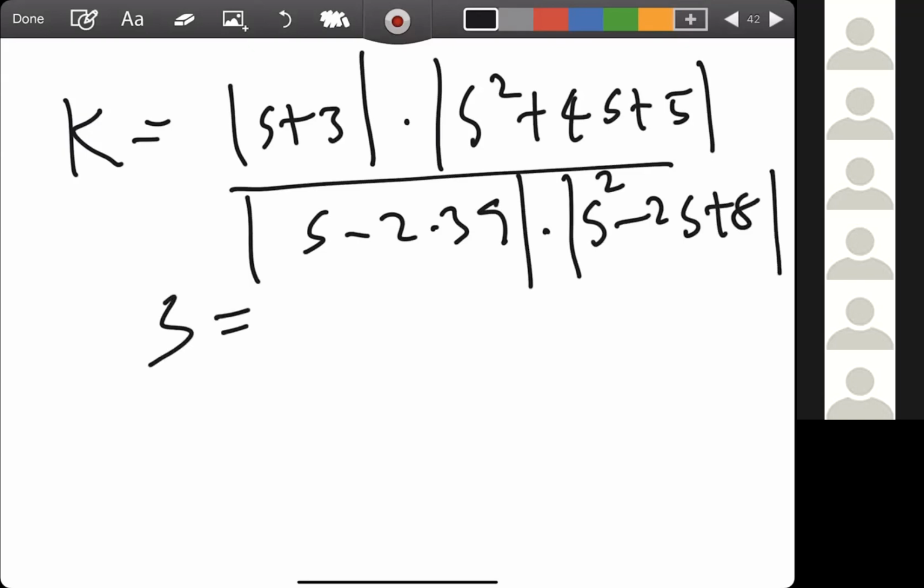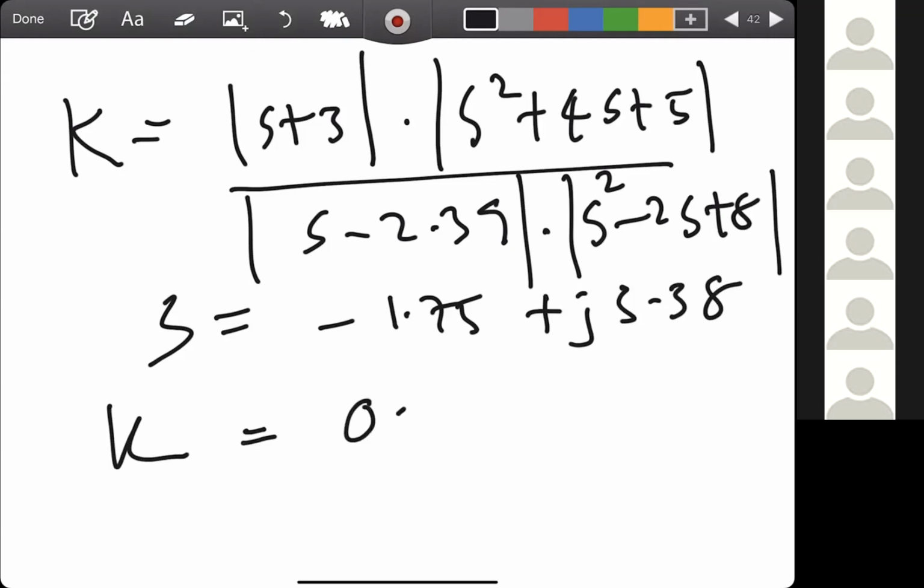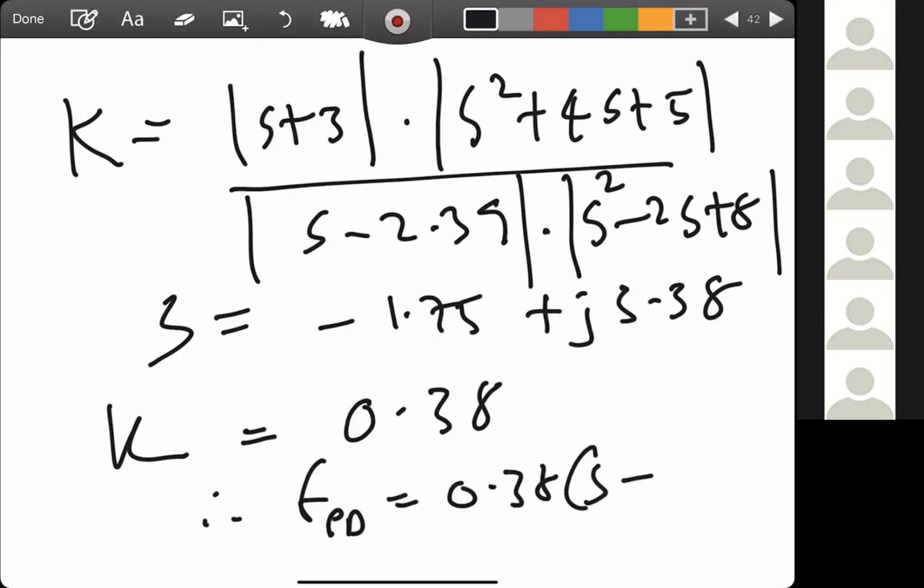So S is the new dominant pole, which is minus 1.5. So K is equal to 0.38. 0.38 S minus 2.39.